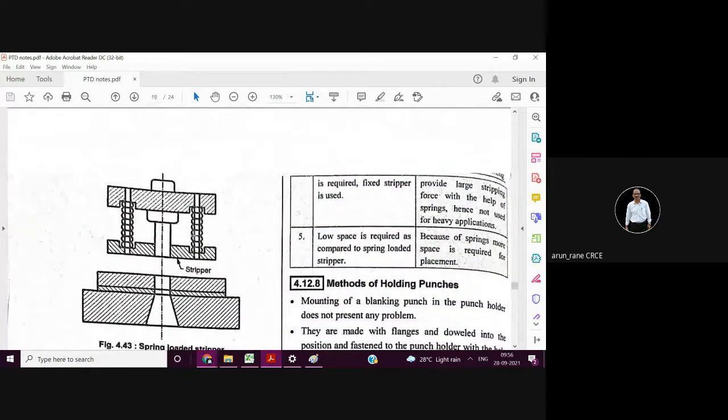This is your spring-loaded stripper, and this is your stock or strip.